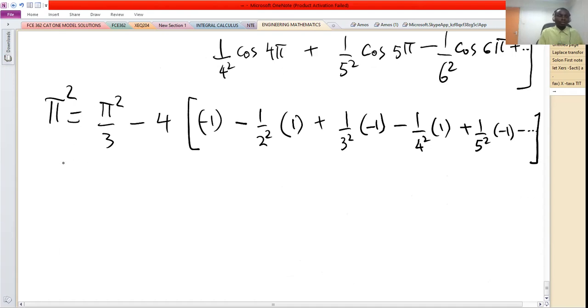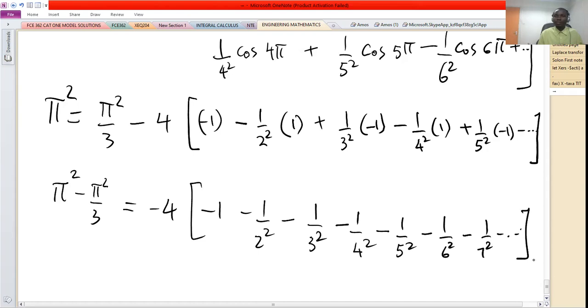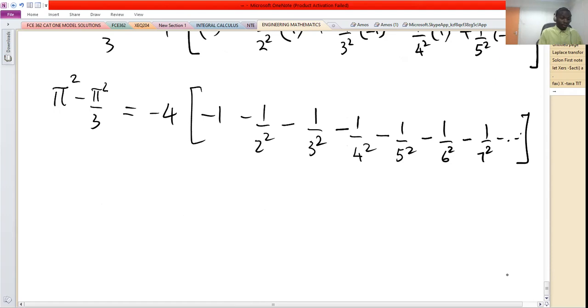So taking this one to the left-hand side, we have pi squared minus pi squared over 3 equals -4 into -1 minus 1 over 2 squared minus 1 over 3 squared minus 1 over 4 squared minus 1 over 5 squared, minus 1 over 6 squared, minus 1 over 7 squared, minus etc. So this 1 minus a third is 2 over 3.